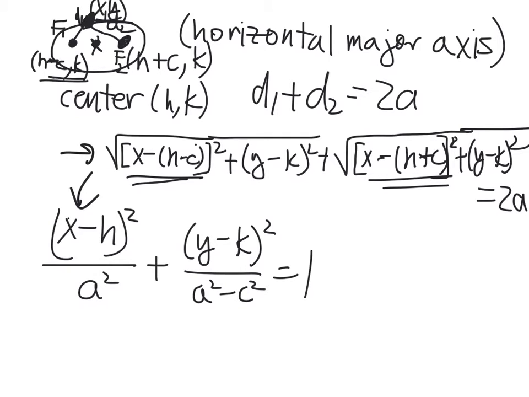But we still have one little thing to do. Instead of a squared minus c squared, we're going to turn that into b squared. Now, to see what that b is going to represent, let's look at the graph again.